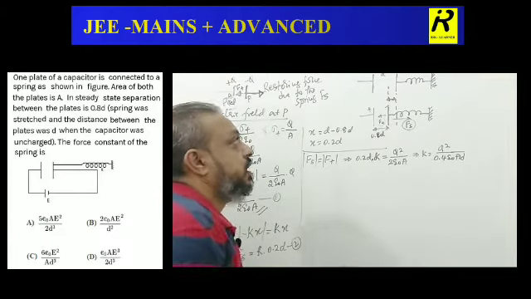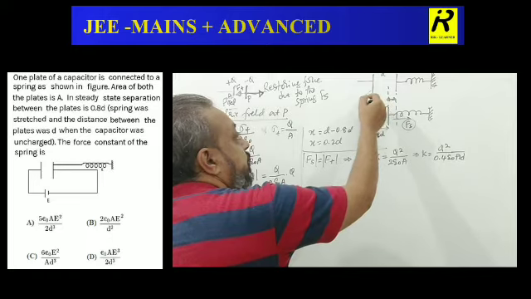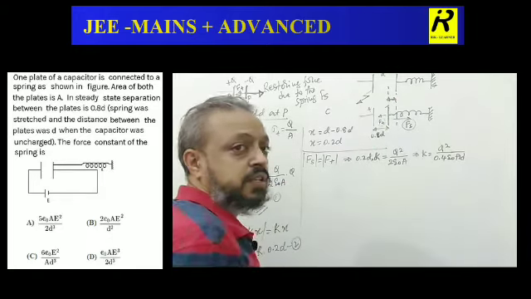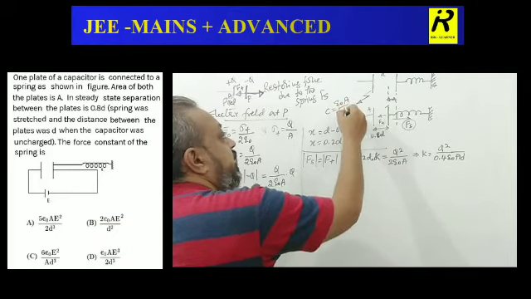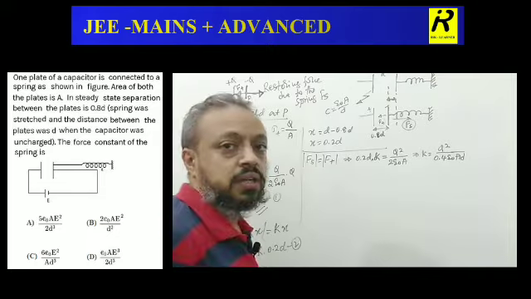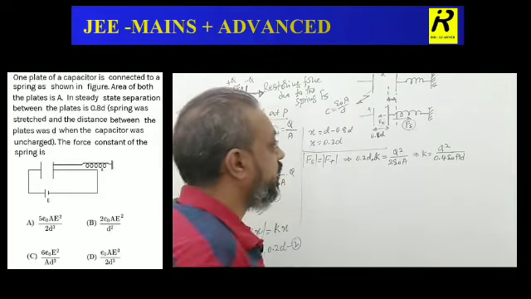See, when the capacitor is uncharged and there is no charge, at this moment, I simply define the capacitance of the capacitor as epsilon O into A divided by D. So the capacitance of the capacitor depends on the physical parameters of the system of the two plates.